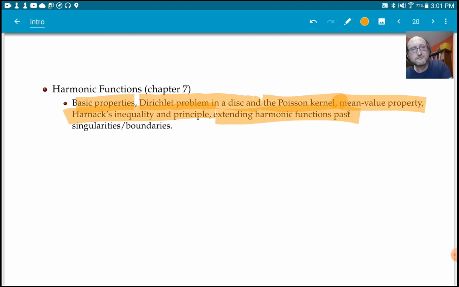Then we get to extending past singularities, removing singularities, and extending past boundaries. There's a reflection lemma, which also works for holomorphic functions, and that's going to come a little later in the book.